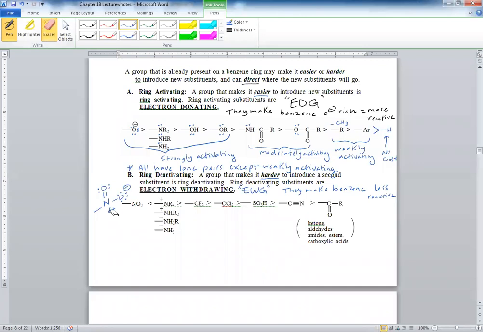Actually, it has a formal charge, but it's also delta positive, so we'll just put the full charge on this, if you calculate the formal charge. These are electron withdrawing groups because they're already suffering from a lack of electron density. If you look at nitrogen right here, the electronegativity of oxygen is withdrawing electrons toward itself.